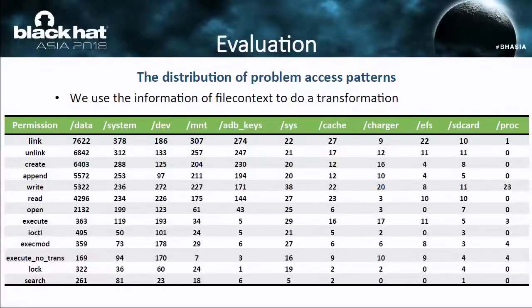Like the app data file, such an object will be transferred to /data. So we can see that in practice, when attackers complete the privilege escalation, they will exploit the files located in /data and /system.